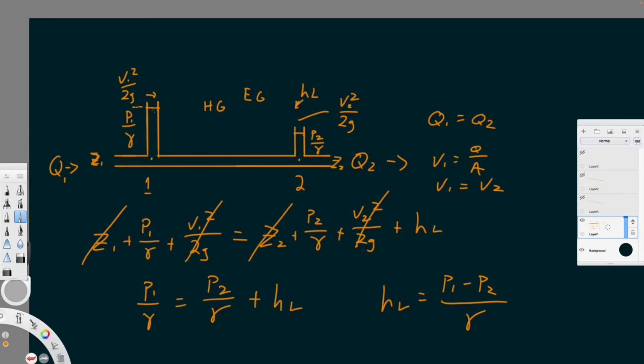If we were to say that this is, let's say, 6 foot above the Z1 elevation, and this is, let's say, 2 foot above Z2, then we know that our head loss in this case would obviously be 4 foot. We have 4 foot of head loss between points 1 and 2.